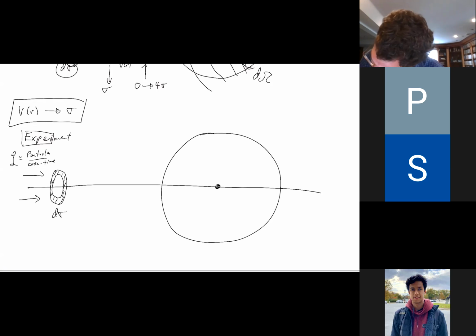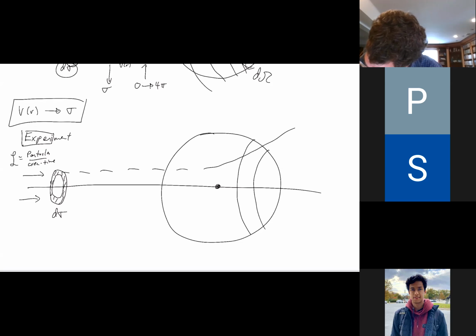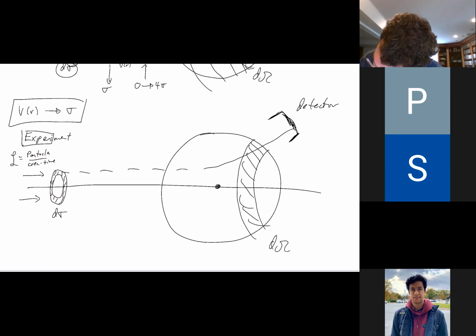There's my sphere, and so then they're going to go out, see, I keep drawing this drawing, into some dΩ, and I can put a detector there. And that's a detector. And the detector counts particles.